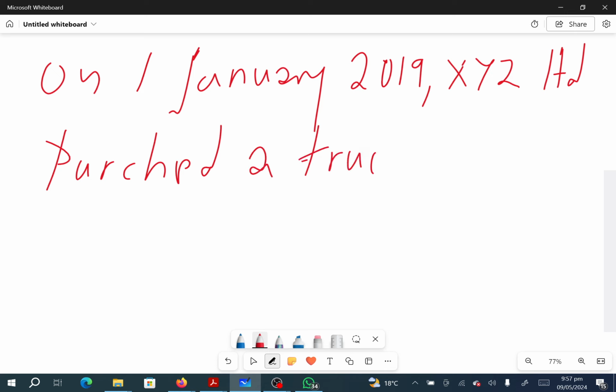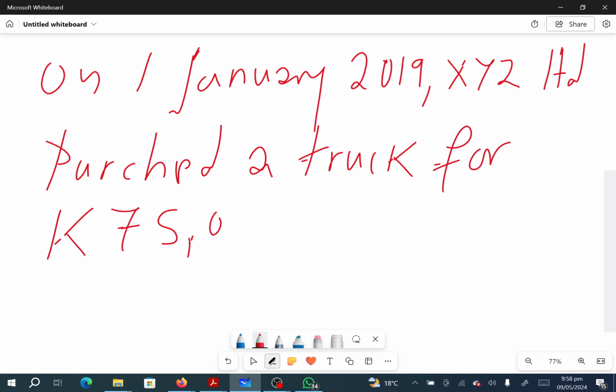Let's use a truck now. I've used the Ford too much, it might look like a promo. A truck for say 75,000. Let's use dollars to at least make more value, as 75,000 is too small in kwacha.